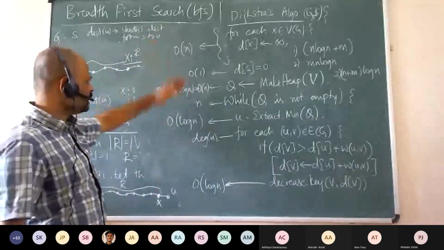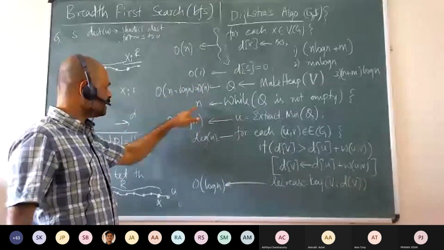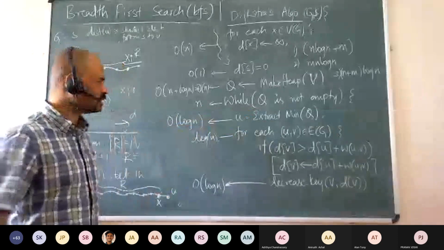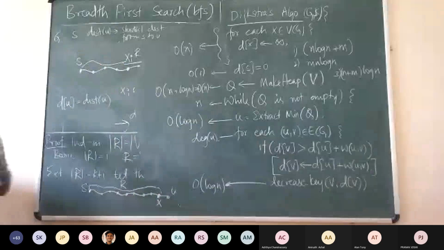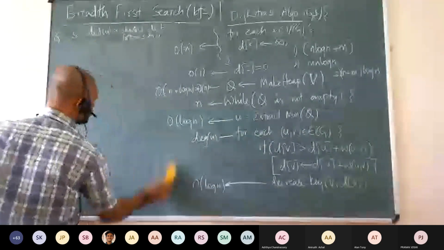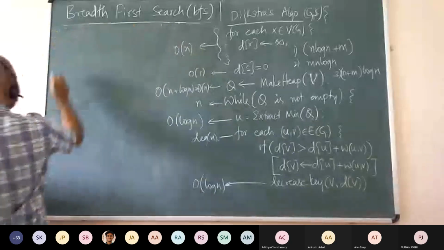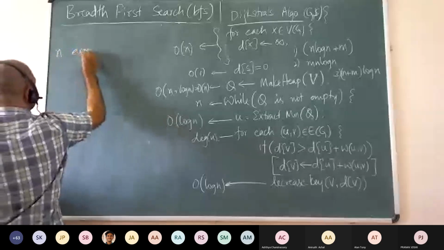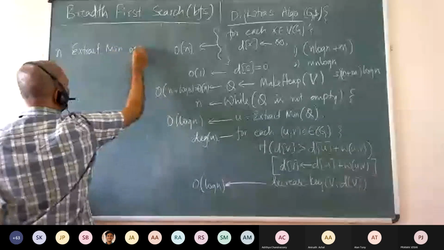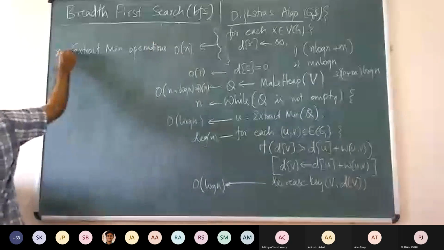So till here everything is fine. Now we need to analyze this. We said that this will run for n, so there are n extract min operations, right? These are the costliest operations.